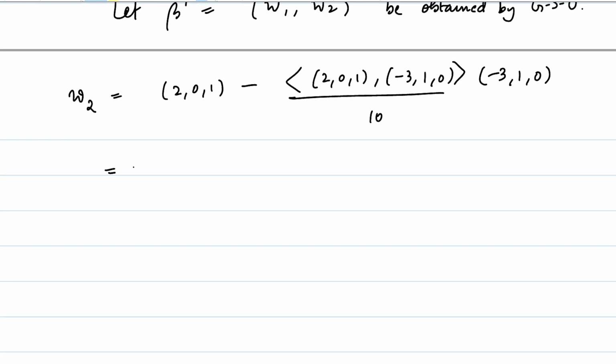So this is equal to (2, 0, 1) minus, let's see, this is minus 6 by 10, which is minus 3 by 5, and minus and minus will be plus.